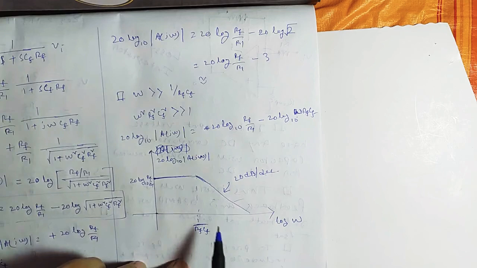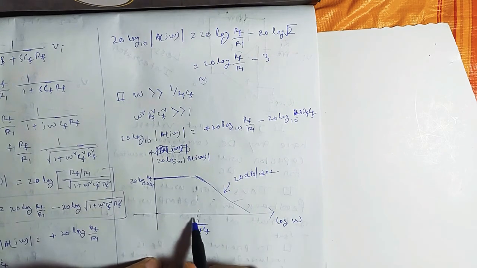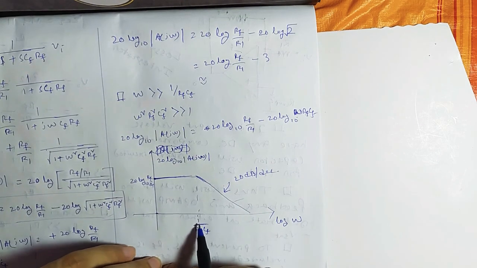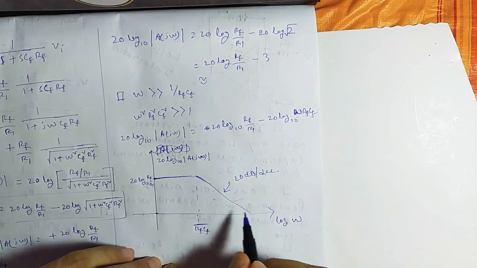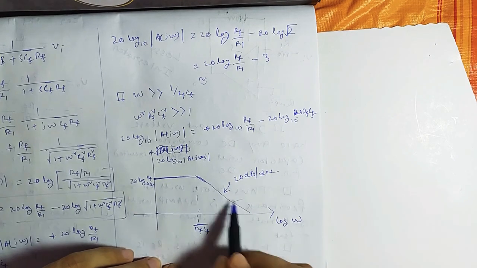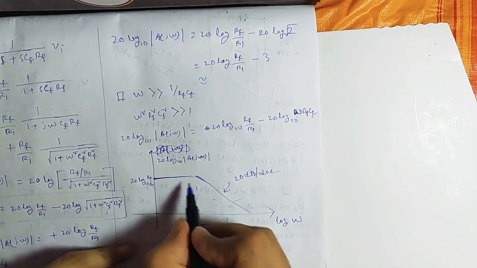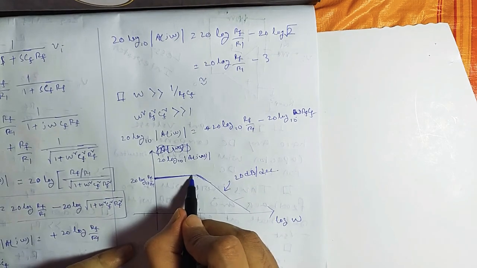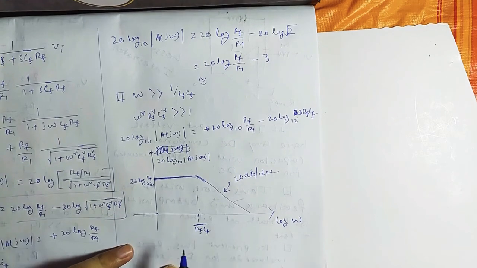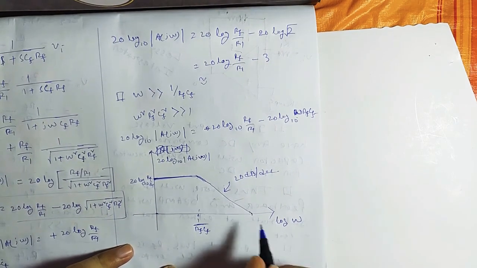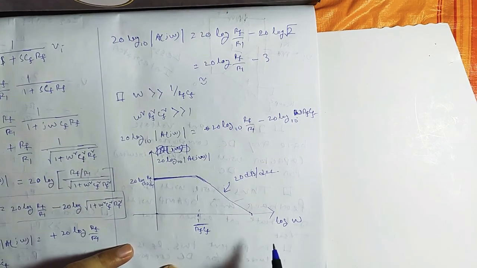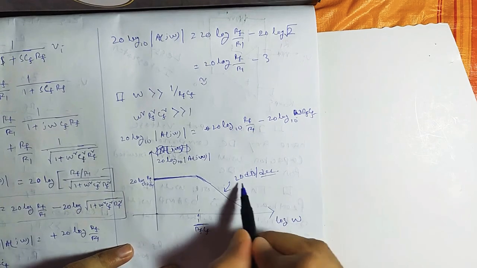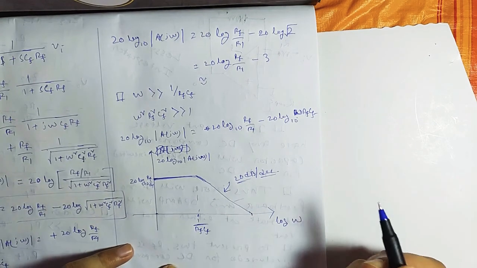So if this frequency is 1 kilohertz, then at 10 kilohertz it will be 20 dB below, because per decade there is a 20 dB decrease.